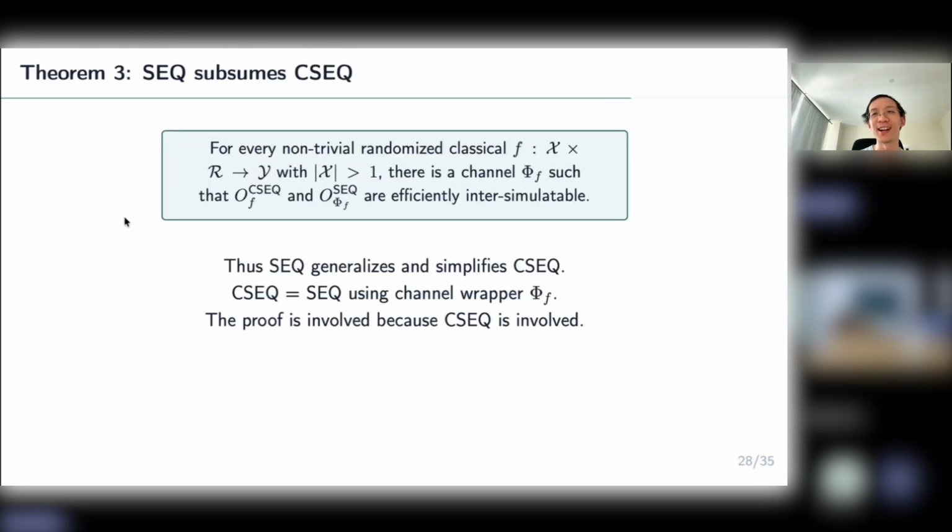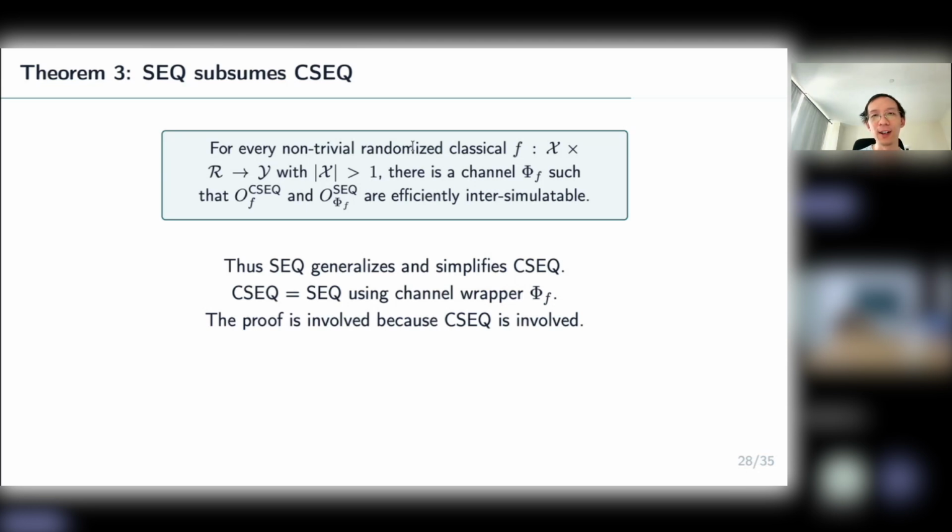Okay, so why do I spend so much time telling you about SEQ? The next contribution of our work says that SEQ subsumes CSEQ. So rather than worrying about that super huge definition, you can just work with this cleaner definition of SEQ.